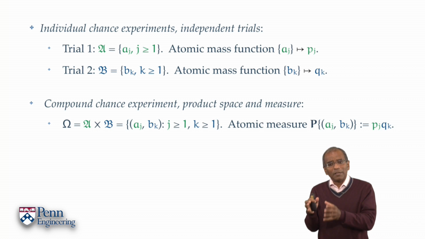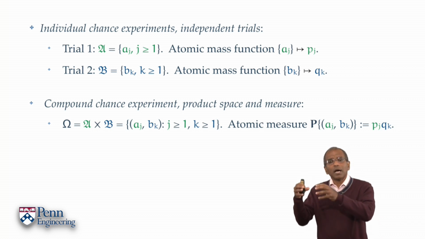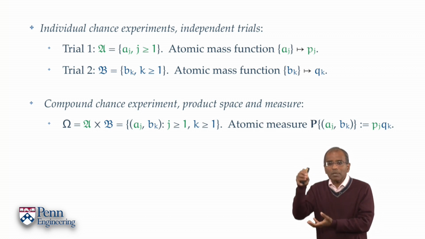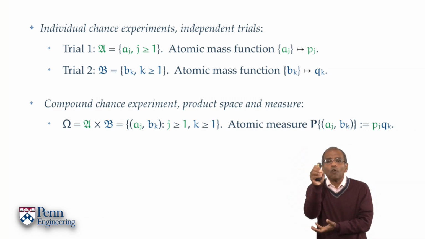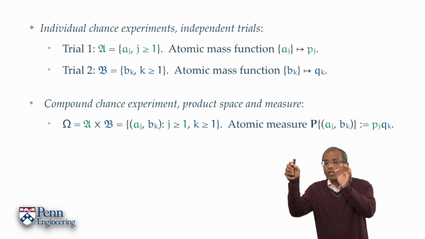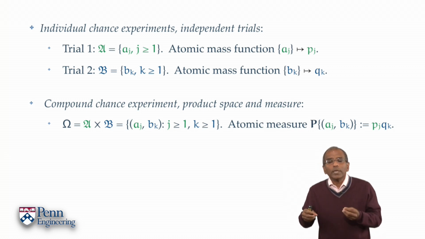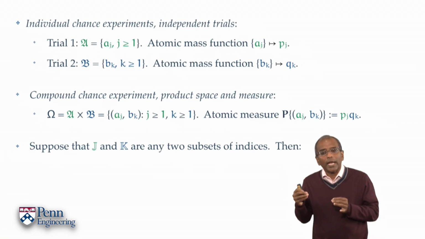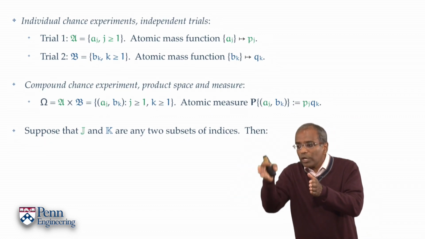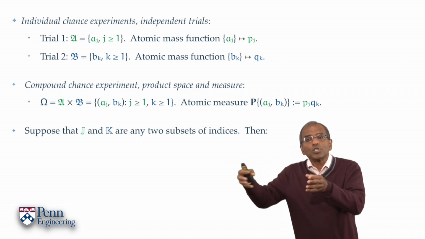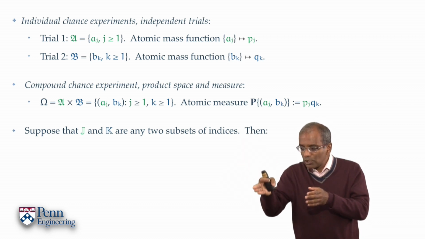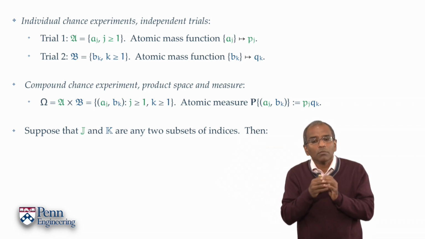What does it mean for an event to determine or to be determined by the first trial? It means that that event is ultimately determined by some subgroup of possible results of the first trial that occur. We identify the locations of that subgroup with, let us say, blackboard J representing a collection of indices representing locations or points in the set of possibilities Gothic A. So blackboard J represents, say, this location, that location, 1, 3, 9, for example.